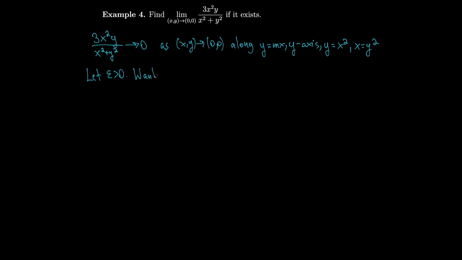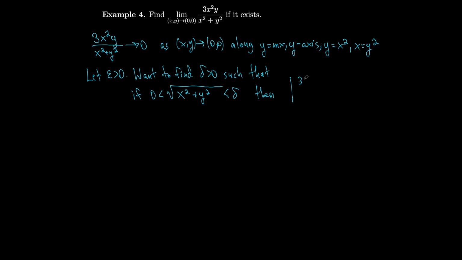In order to apply the definition to show that the limit exists, we want to find some delta such that if the distance between (x, y) and (0, 0), so that's just the square root of x minus 0 squared, which is x squared, plus y minus 0 squared, which is y squared, is less than delta, then that should force the distance between our function and our limit to be less than epsilon.